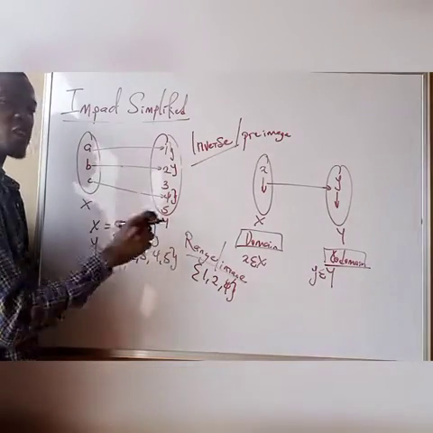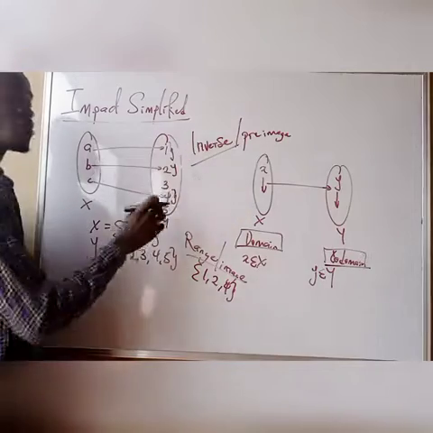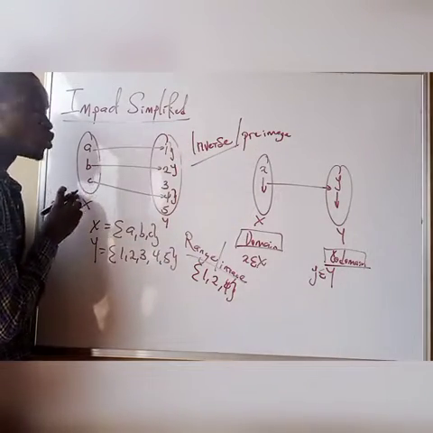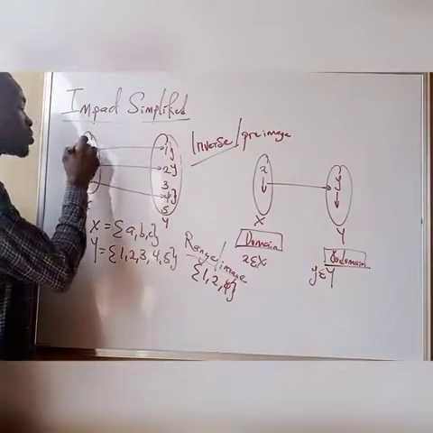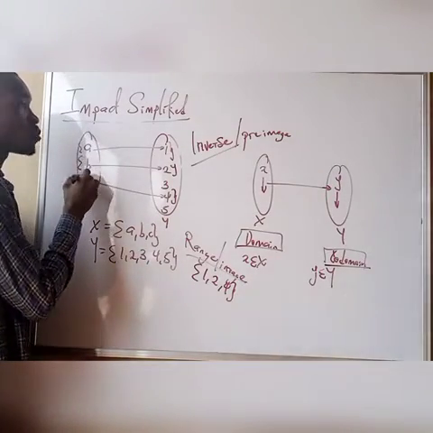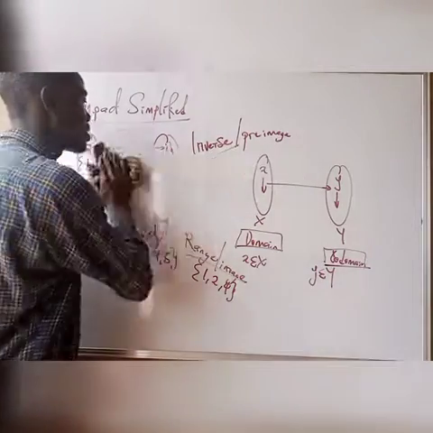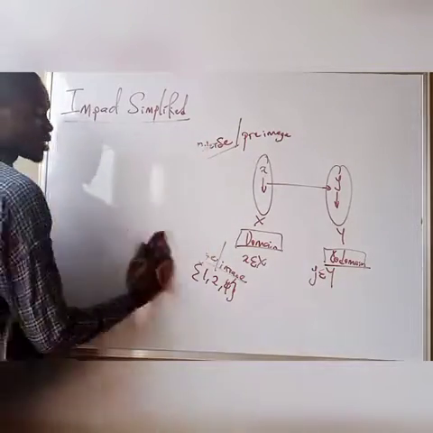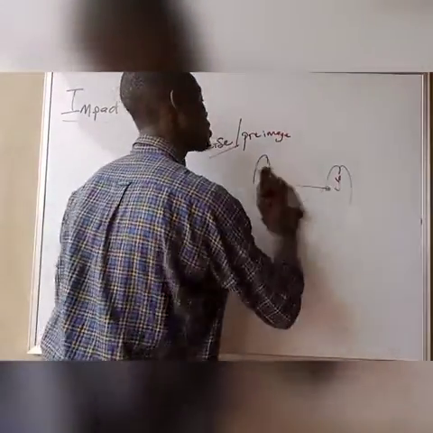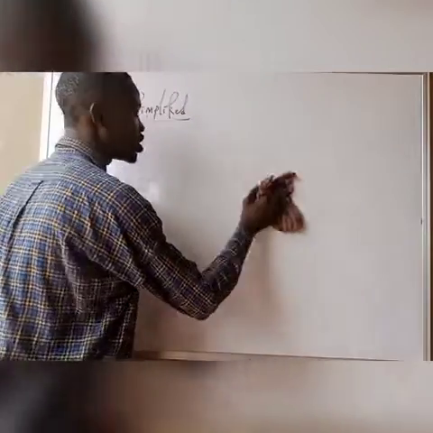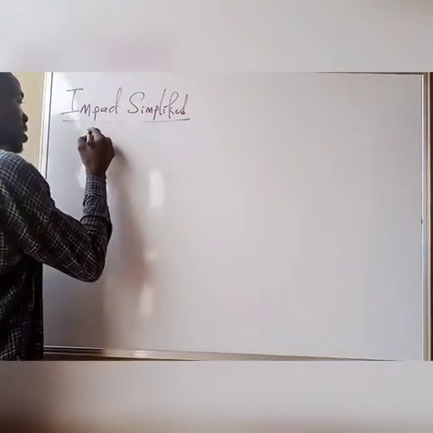The range is the favorable outcome in the codomain, while your inverse or your pre-image is the favorable outcome in the domain. So your inverse or your pre-image will give us A, B, and C. And those are the definitions of terms: the domain, the codomain, the inverse, image, and the range.